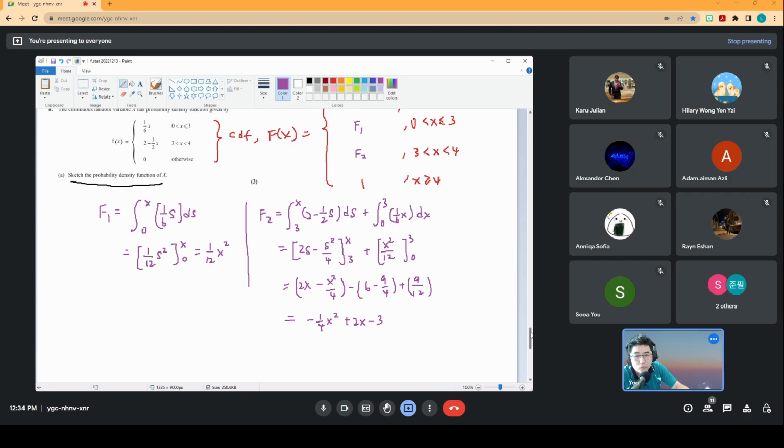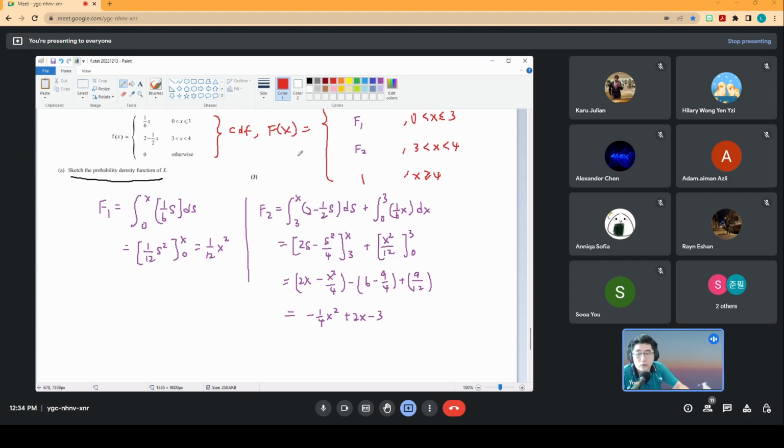Okay, so in the end, my CDF is 0 for x less than or equal to 0, 1 over 12 x squared for x between 0 and 3, negative 1 over 4 x squared plus 2x minus 3 for x between 3 and 4, and 1 for x greater than or equal to 4. And this will be my final answer for these questions.